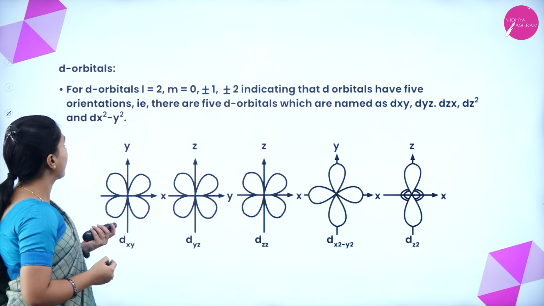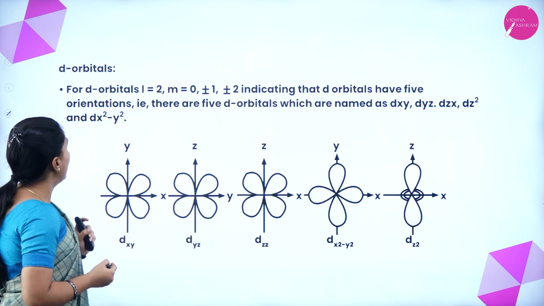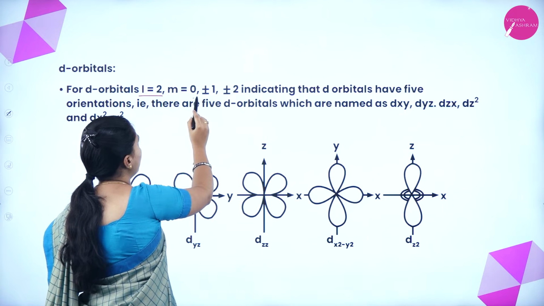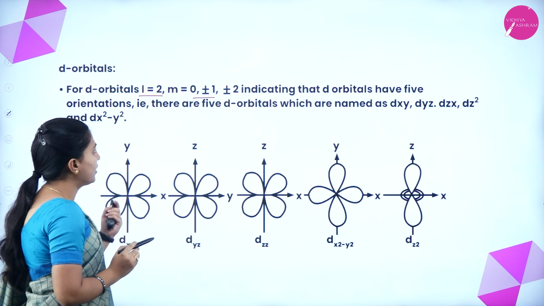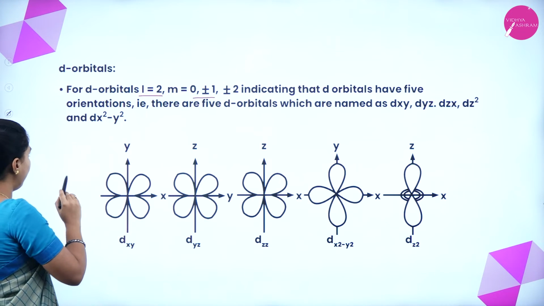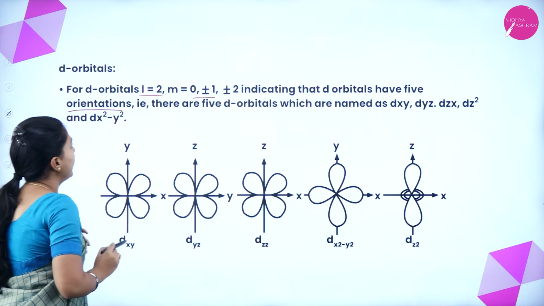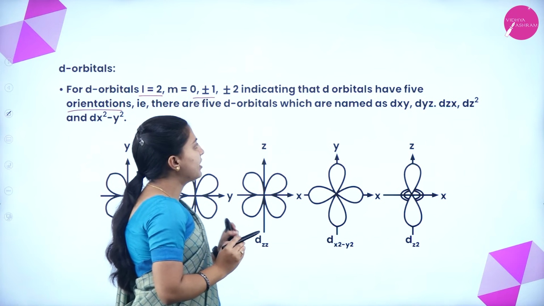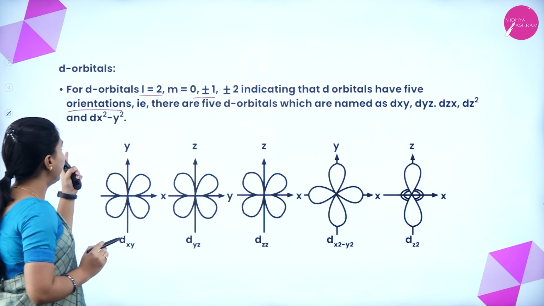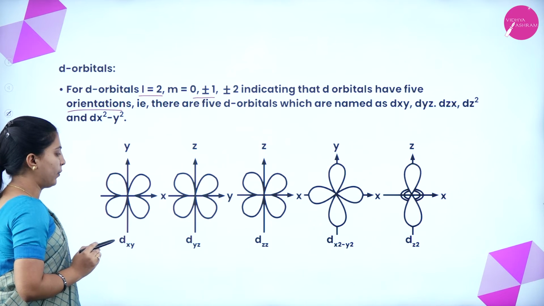Next, d orbital. For d orbital, L will be 2, M will be 0, ±1, ±2. Overall, 5 orbitals. D orbitals have 5 orientations. That is, there are 5 d orbitals which are named as dxy, dyz, dxz, dz square and dx square minus y square.